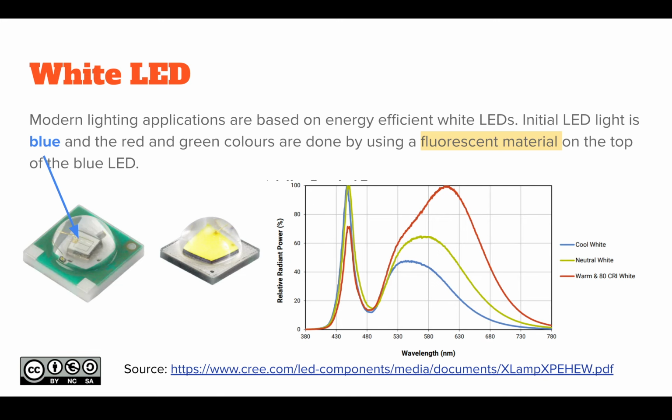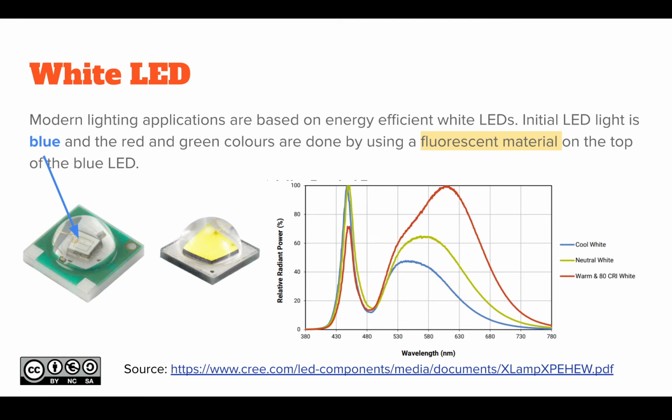Speaking of which, in modern lighting applications, now we are actually replacing all the light bulbs, from the incandescent light, but also the old-fashioned fluorescent light, to the much more energy efficient white LEDs.